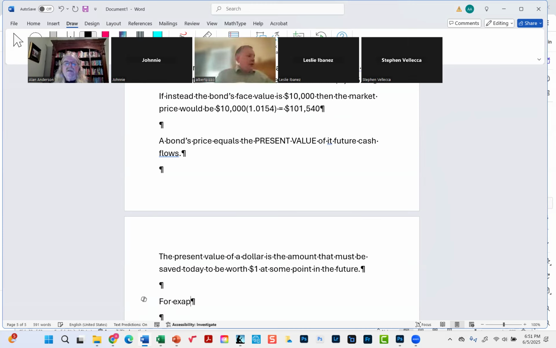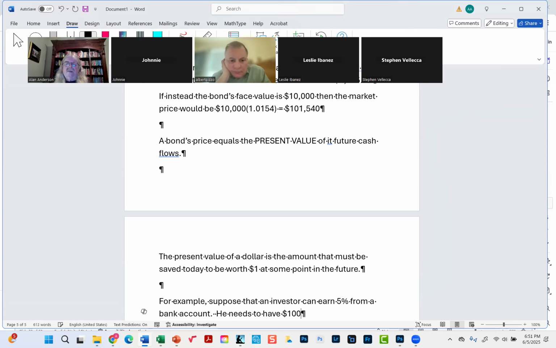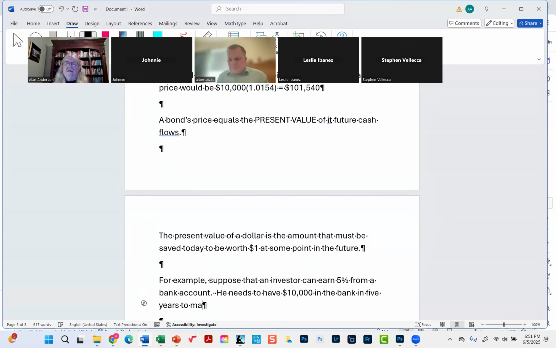Which is a quick example of, suppose that an investor in our 5% bank account needs to have, let's say, $10,000 in the bank in 5 years, to make a down payment on a house. How much must he put in the bank today to meet his goal?